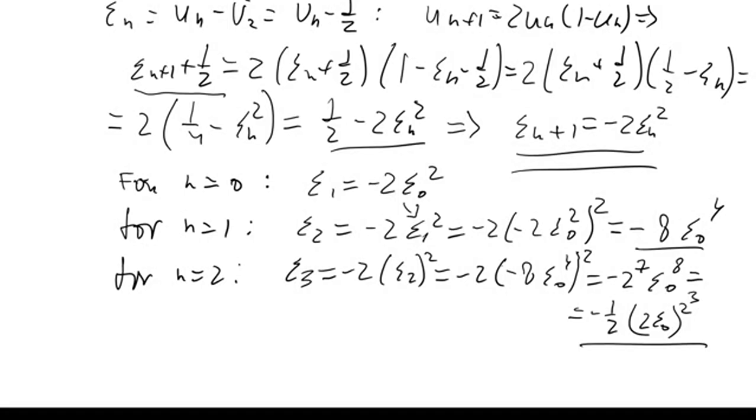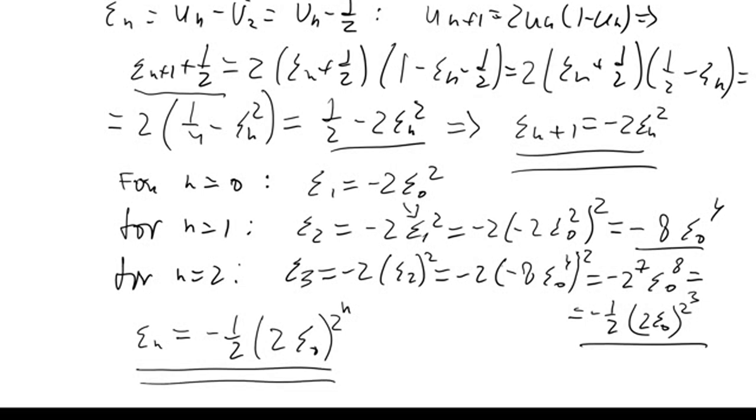And this gives us the following formula: epsilon n equals minus half times 2 times epsilon naught to the power of 2 to the power of n. So this is our analytical solution. Now, when we know epsilon naught, we can find epsilon n directly. And this is indeed faster than geometric progression.